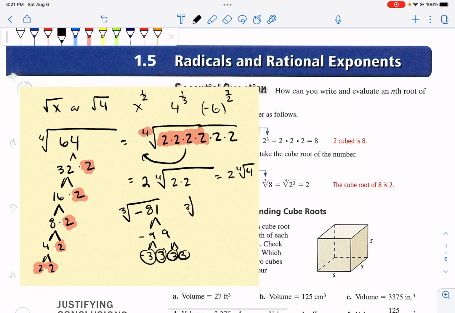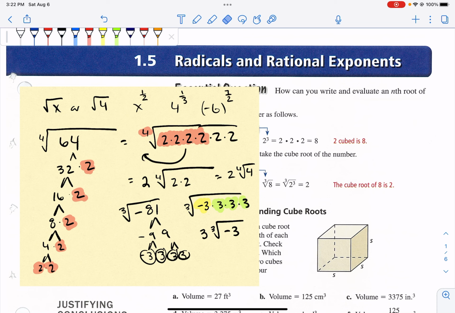So I get the cube root of negative 3 times 3 times 3 times 3. And I've got one negative 3, but I have 3 positive 3s. So I can pull those out. And this becomes 3 times the cube root of negative 3. All right, are we okay so far? Hopefully, most of that is review information.